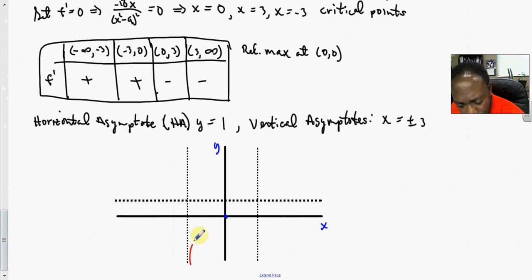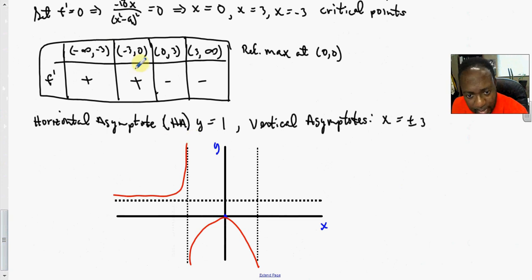Anyway, it's supposed to be smooth. From negative infinity to -3 is positive, right? It's increasing. The only place that it can increase is here, where it does this, and it's going up, increasing function.